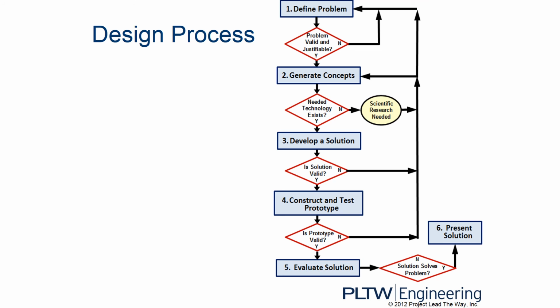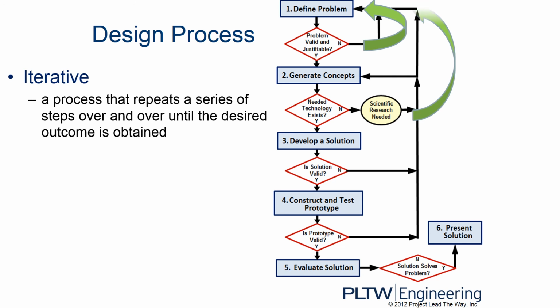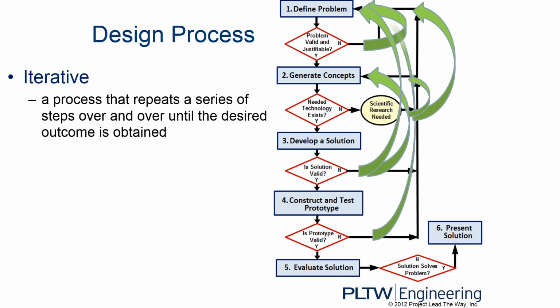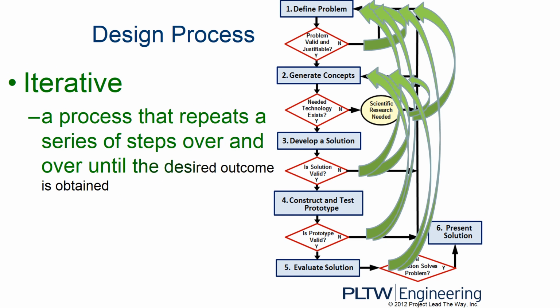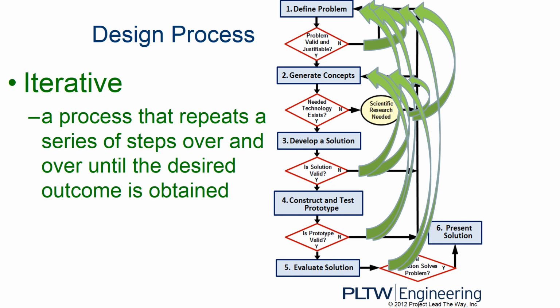Designers must evaluate, reflect, redefine, and redesign throughout the process. It is very common to repeat steps of the design process several times before you get a solution. And so you're going to step back. And that's called iterative. It's an iterative process. You're going to step back. It repeats itself over and over until you get the desired outcome.